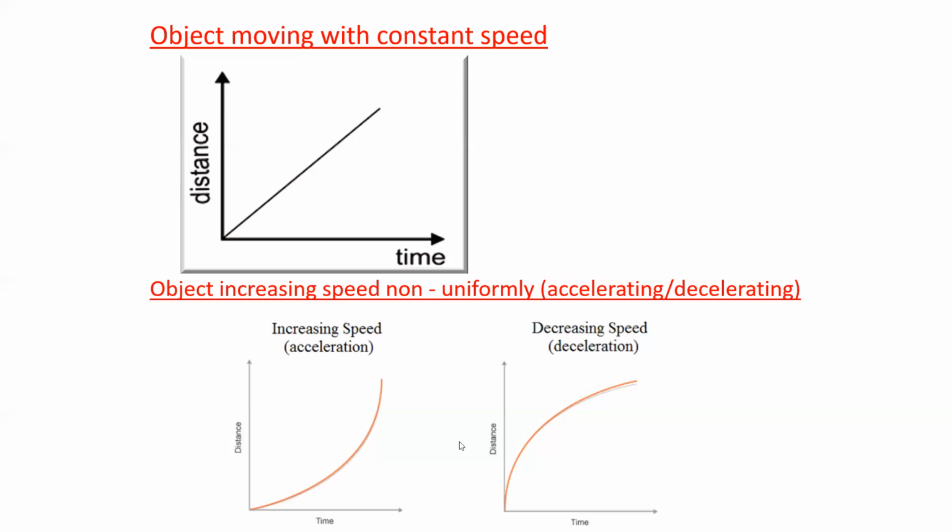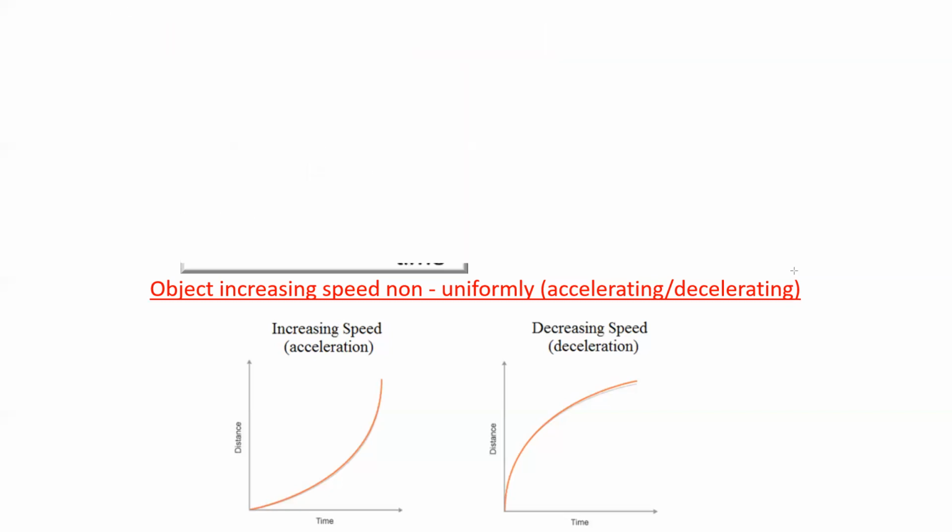Then what will be the shape of the distance time graph? If the speed is increasing or accelerating, the angle will increase, and if it is decelerating, the angle will decrease. I will explain both of them with numbers. So for example, the first one, if the object is accelerating, or we can say speed is increasing.